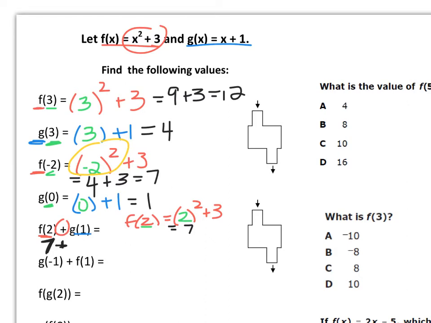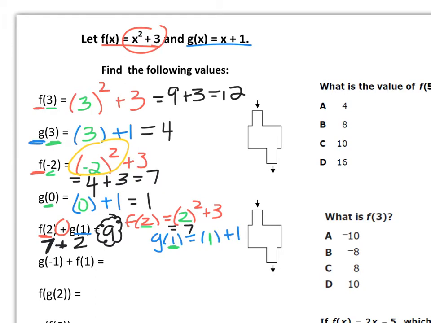So g of 1, I come over here to my scratch work. G of 1, parentheses plus 1. So substituting 1, well, 1 plus 1 is just 2. So f of 2 plus g of 1 is just going to give me 7 plus 2, which is a final answer of 9.